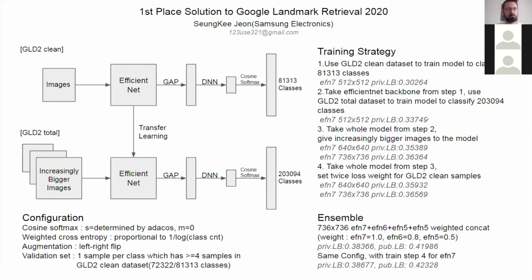Any other questions? I have a question too. Hello. Okay, go ahead. Congratulations from my side too. So you're saying that step 1 is really required so that the training in step 2 on the total GLDV2 will work, right? So I'm wondering if the same holds for the training on larger resolution images.